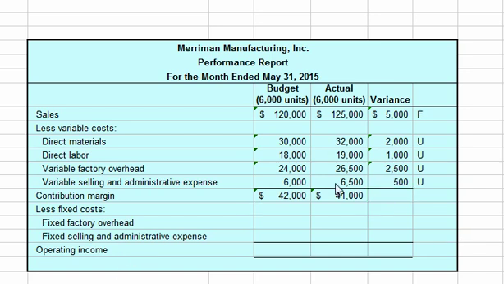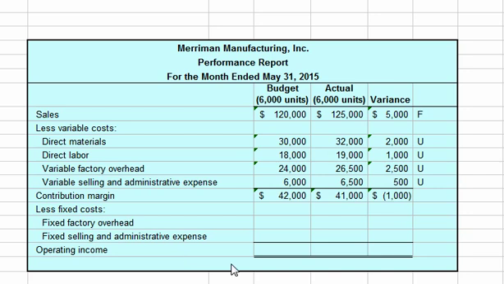Okay, again, to get the variance, we're going to say actual minus the budget. We get a negative 1,000.